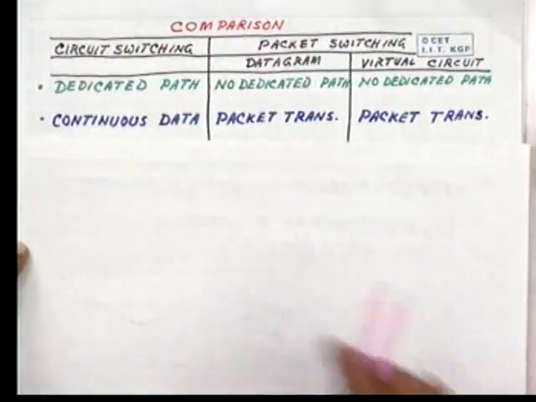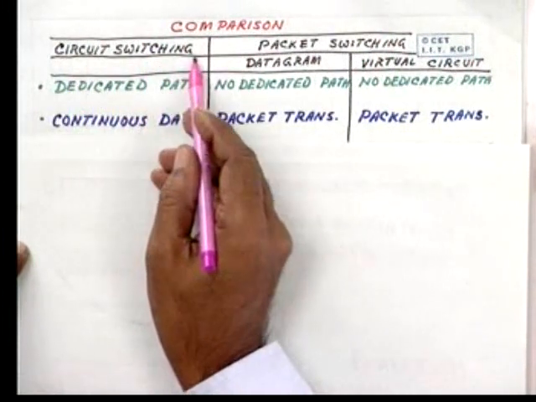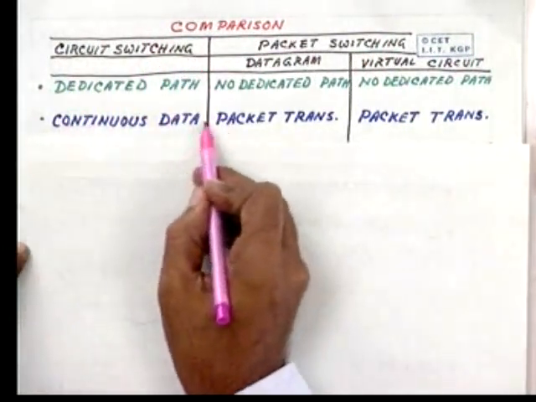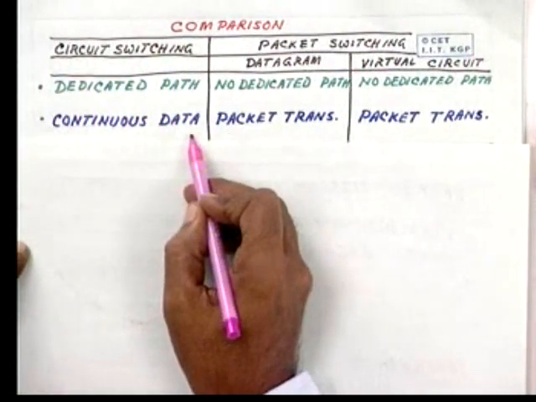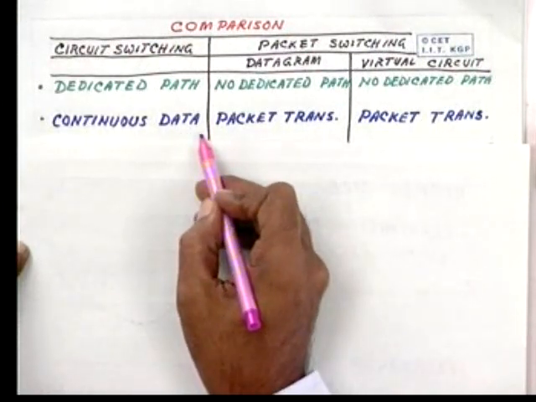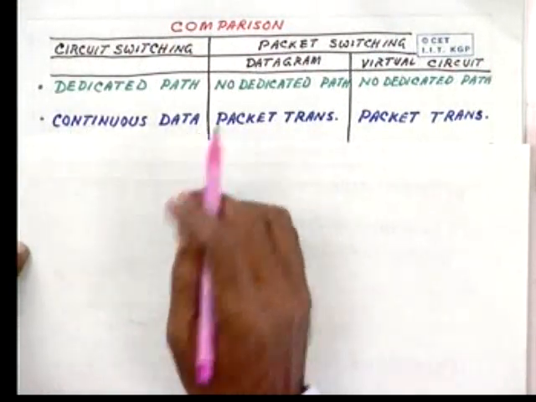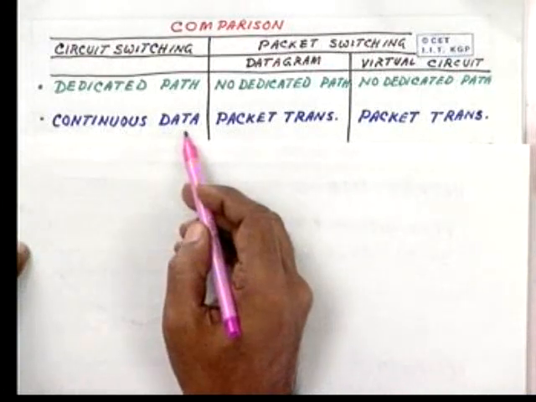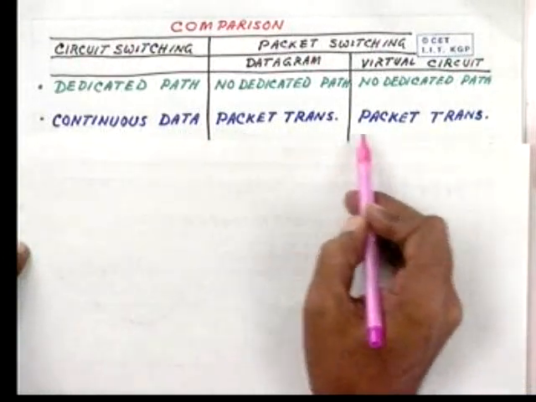After the path is set up in a circuit switching network, you can send continuously, as if a pipe has been established, and transparently, without delay, you can send continuous data from source node to destination node, which cannot be done in packet switching.